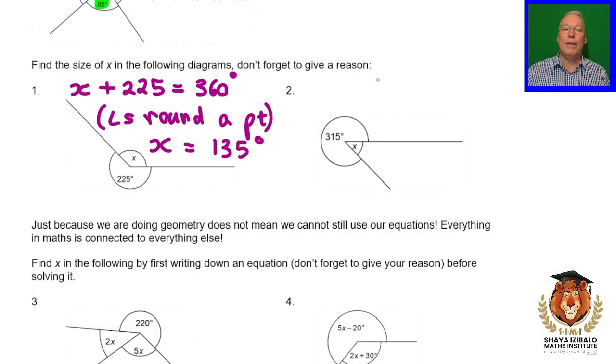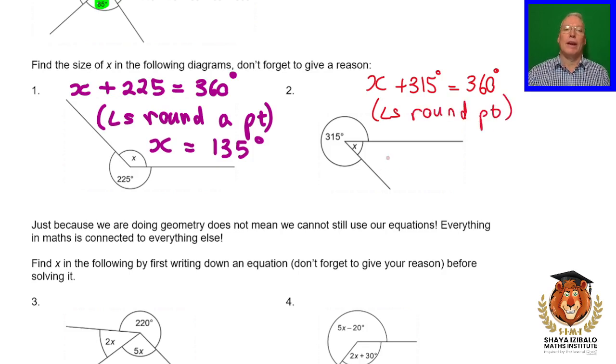Okay, so this one, x plus 315 degrees is 360 degrees. And our reason, angles round a point. And the last thing we're going to do is subtract 315 from both sides to get our final answer. x is 45 degrees.